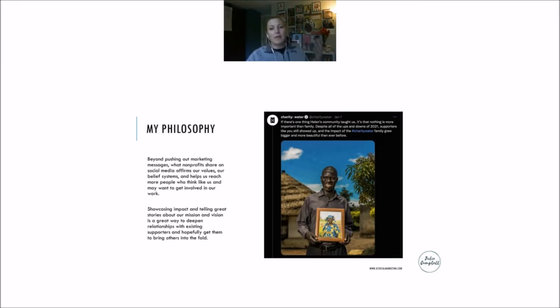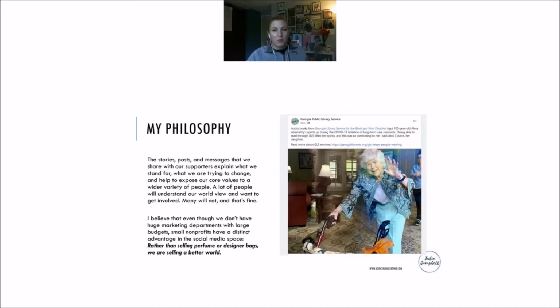But showcasing impact and telling great stories about our mission and where we want to go, it's really a great way to bring new people in and to deepen relationships with existing donors, existing supporters. Everything that we share helps us emphasize our values, our ethics, what we're trying to change, and it helps get in front of a wide variety of people.